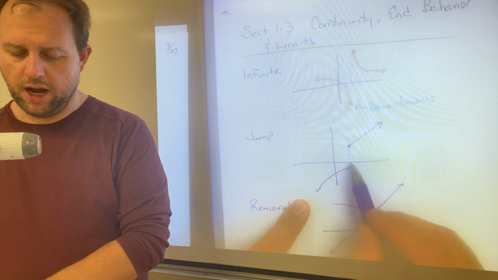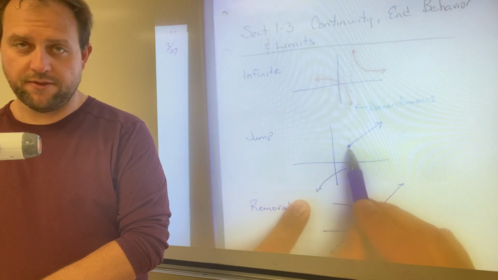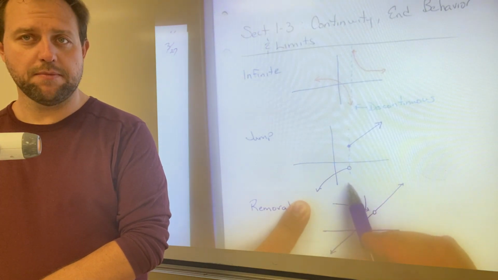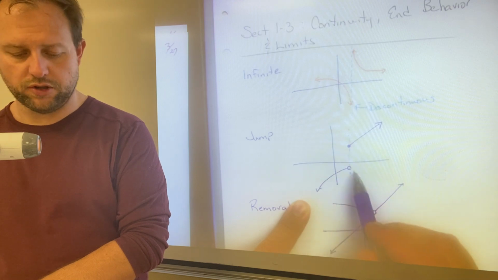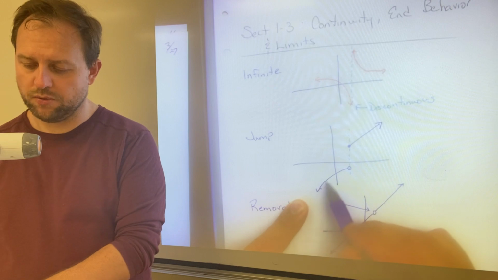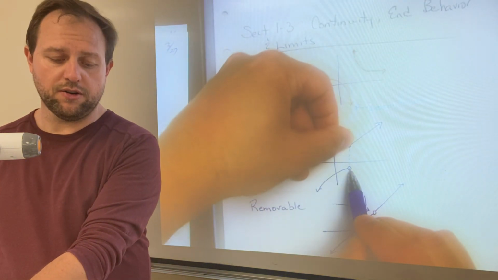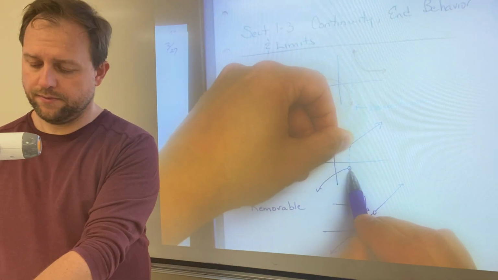For the jump, it is defined at point C, we have a value, but it's not approaching the same value from either side. It's approaching two different locations. And therefore, the limit for this one is approaching here, but its value is actually here. So it doesn't match 2 or 3.